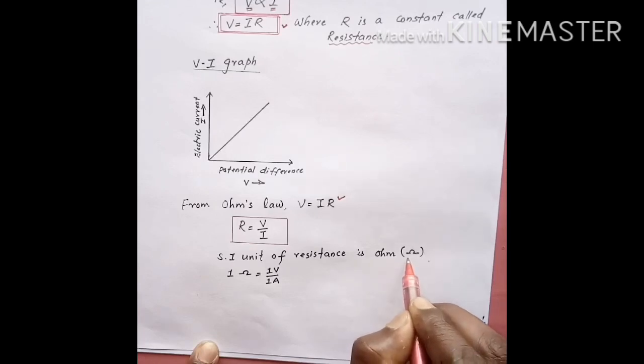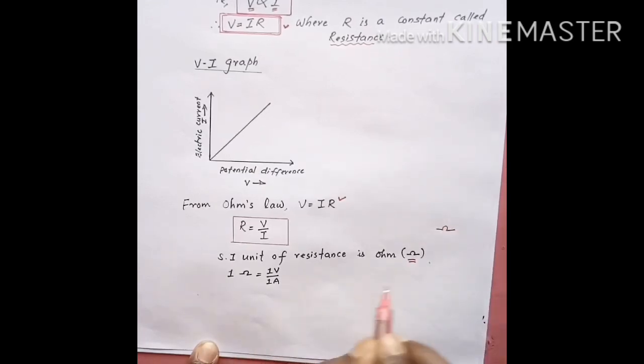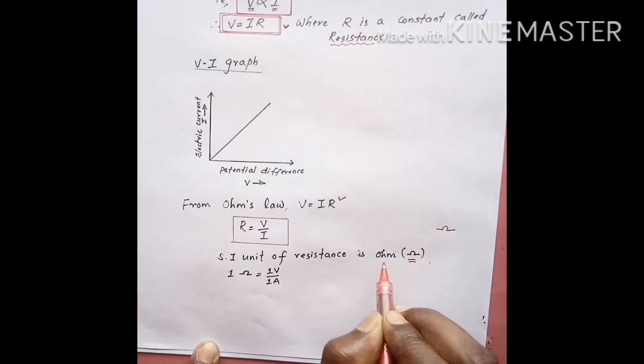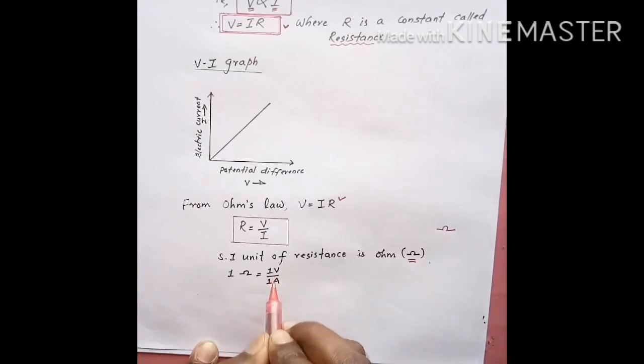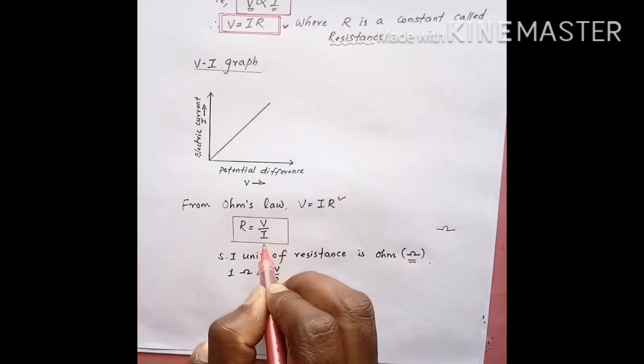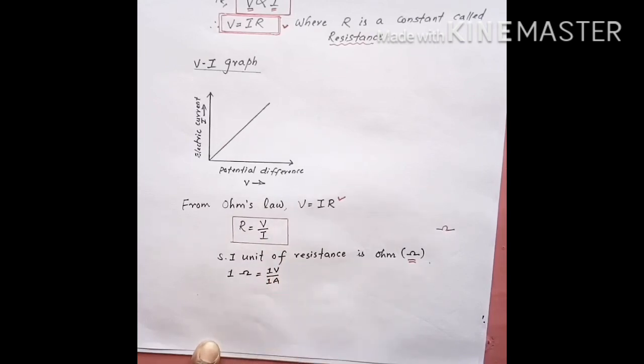This is the symbol of Ohm, right? Ohm is the SI unit of resistance. How do we get the SI unit? 1 ohm is equal to 1 volt by 1 ampere. How? Potential difference by electric current. What is the SI unit of potential difference? Volt. What is the SI unit of electric current? Ampere. Therefore, 1 ohm is equal to 1 volt by 1 ampere, right?